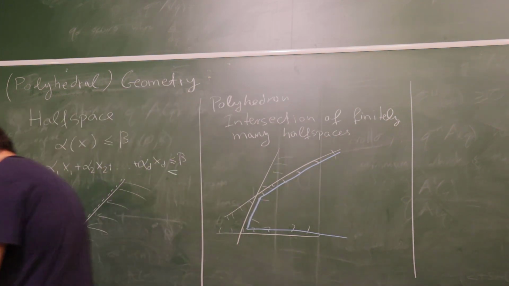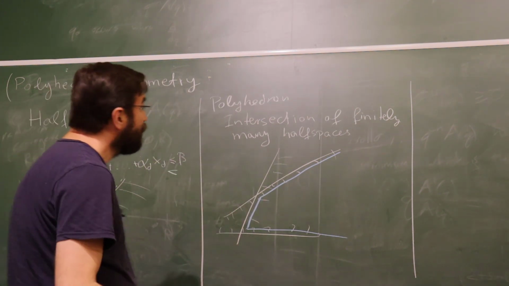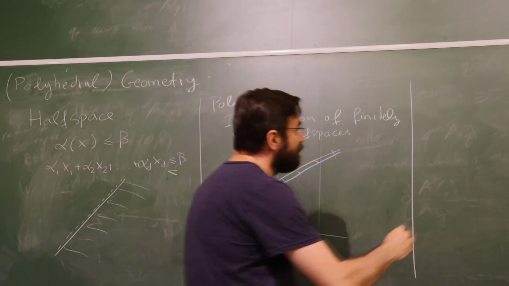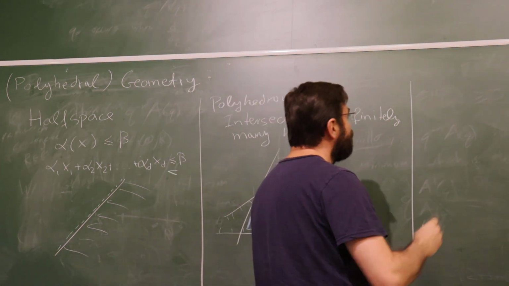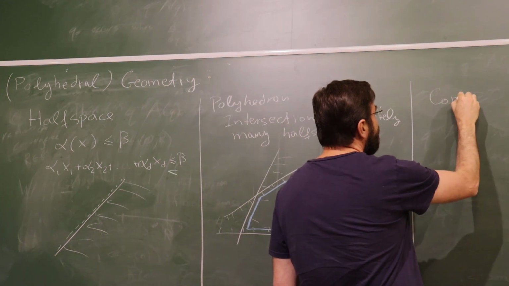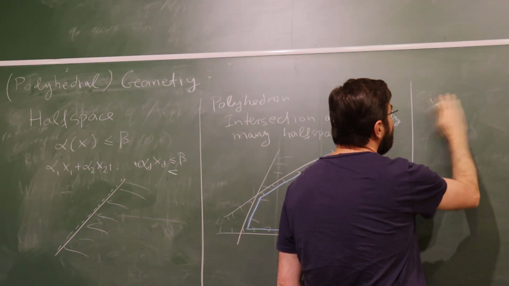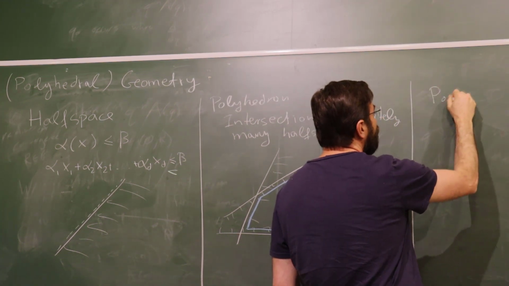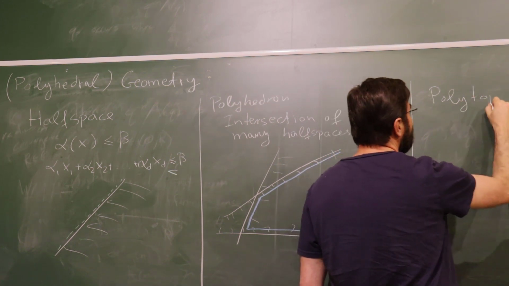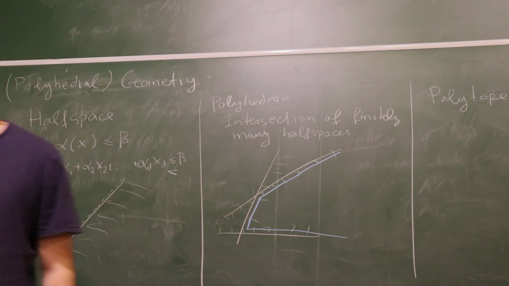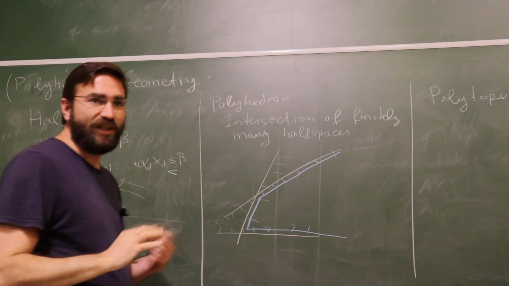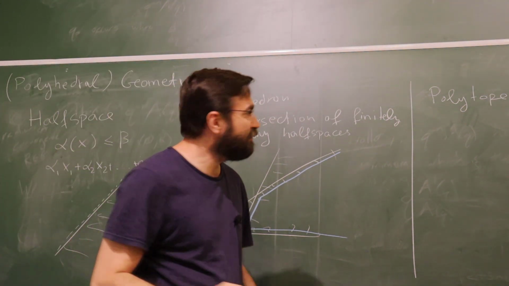I will go now to special types of polyhedra, the first one being a polytope. In general, I will draw things in 2 dimensions, because that's what I can do, but whatever I say holds in any dimension.